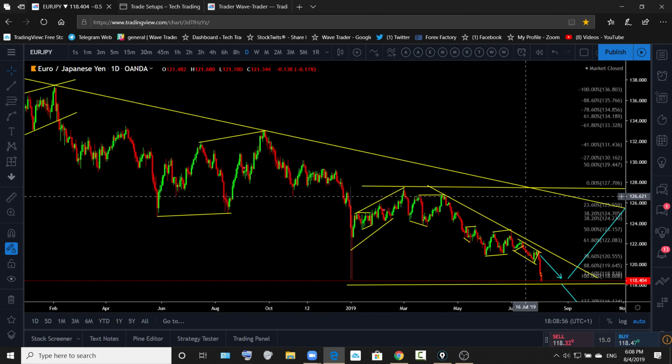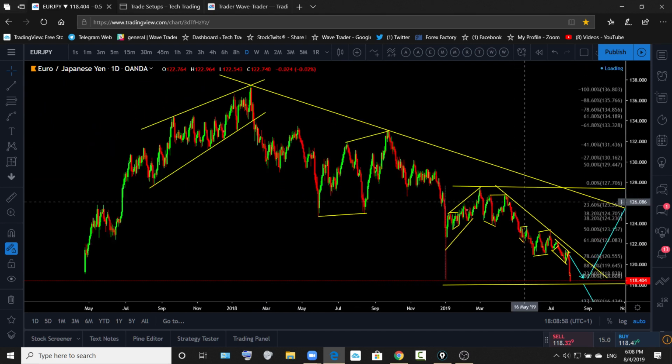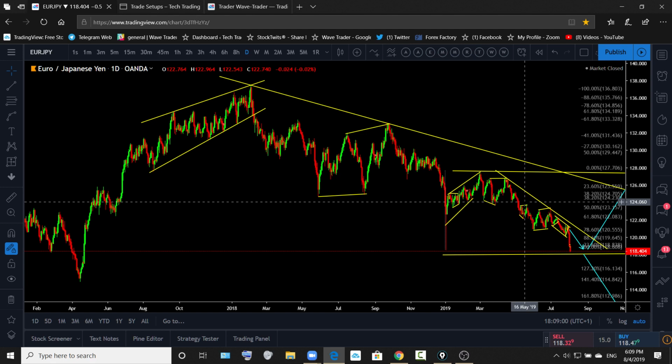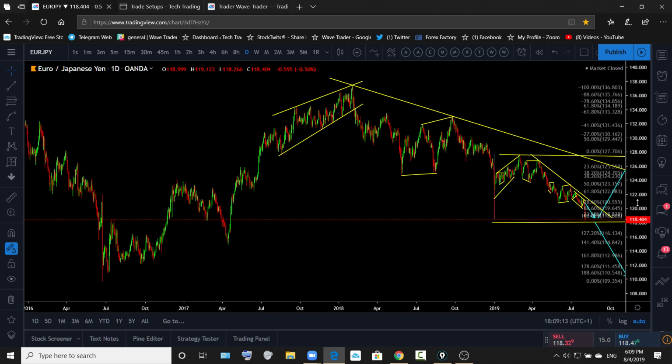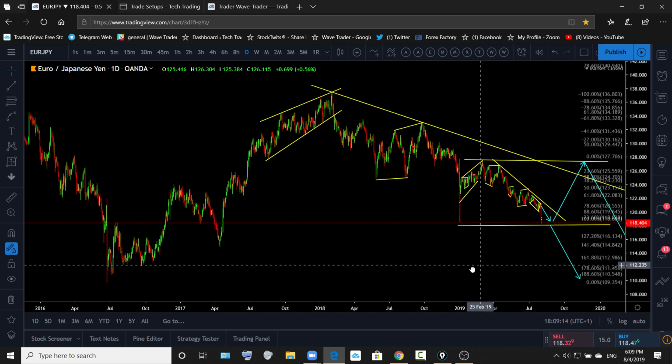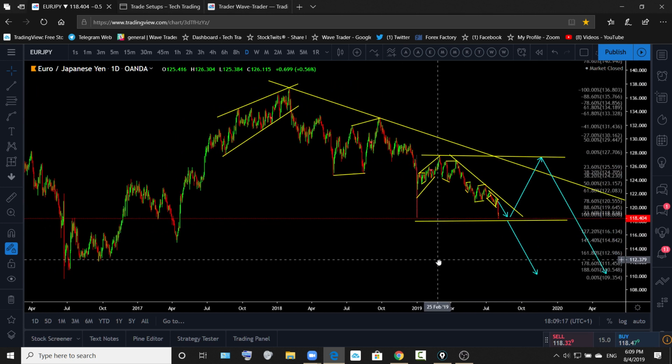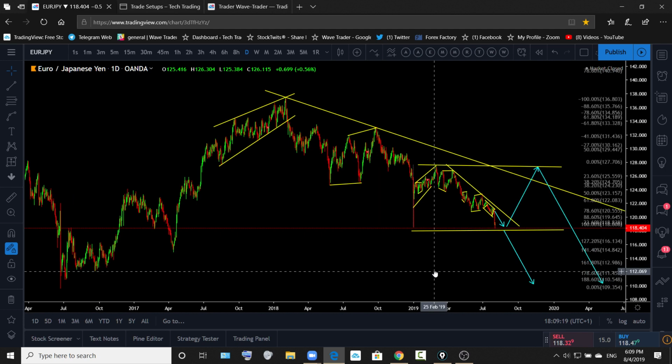I love this pair, and I love to sell this pair every time the euro rises against the yen. We'll sell the euro every time we see a deeper correction on the euro yen. So this is the bigger image.